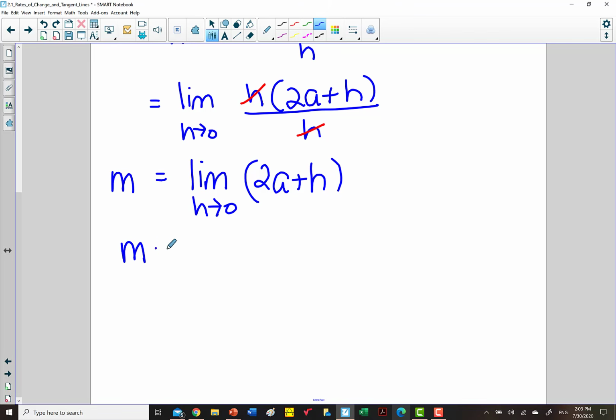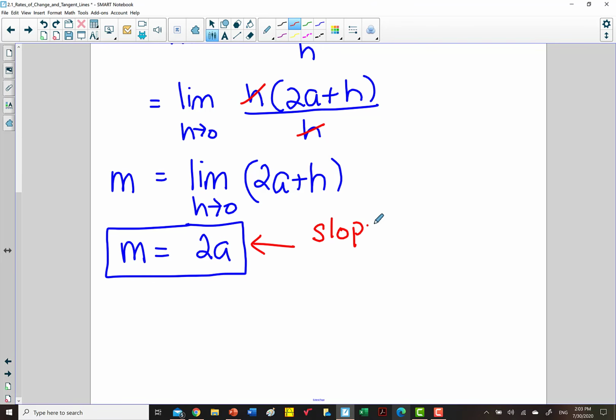And that way we know the slope of that line to a, that's the slope formula for any x value on that parabola. We found a general formula. We'll say this is the slope formula for any value of x on the parabola x squared.